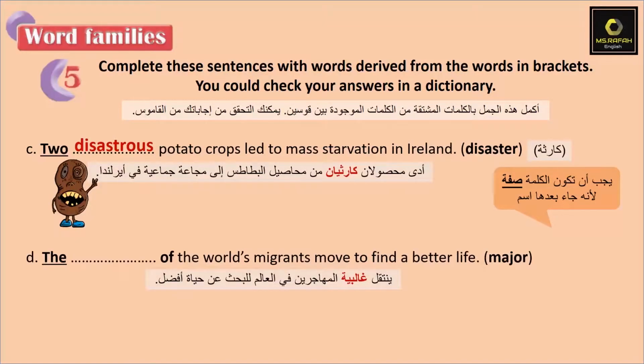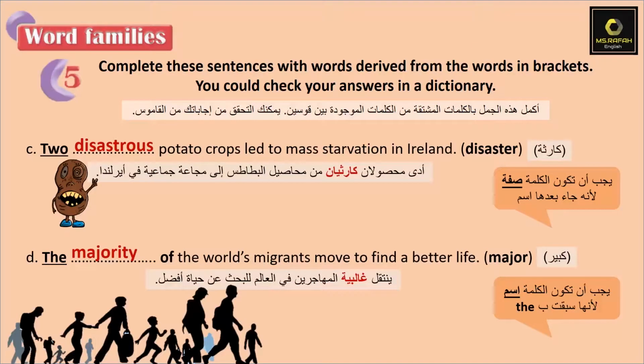The majority of the world's migrants moved to find a better life. major. هون في عنا صفة رح نحط بالفراغ اسم لأنه بعد ذا بيجي اسم. شو الاسم من major؟ Majority. دايما بعد ذا بيجي اسم أما قبل الاسم بيجي صفة.